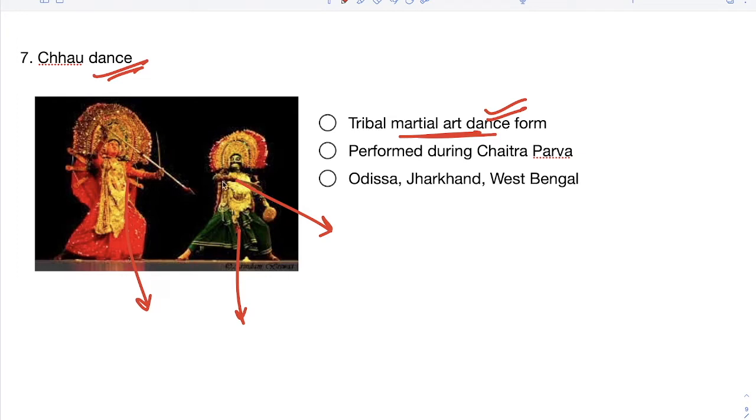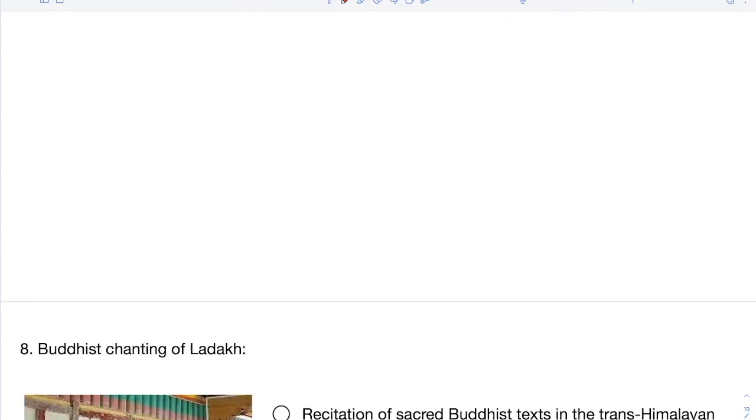It is performed during Chaitra Parva, the first month of the Hindu New Year, Chaitra Masa, in the states of Odisha, Jharkhand and West Bengal, only these three states. Please remember these small 2-3 points are enough for these intangible cultural heritage elements, not more than that.